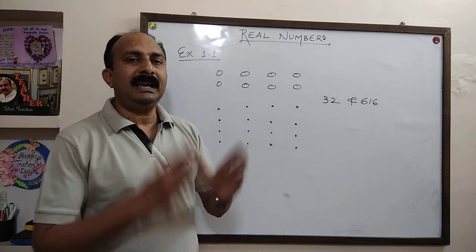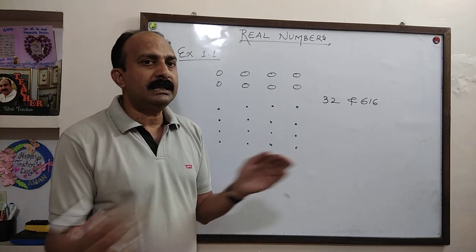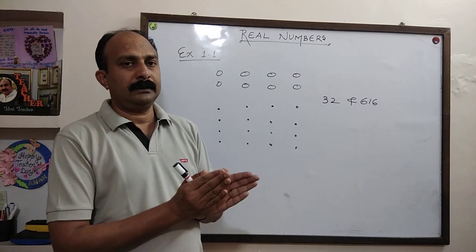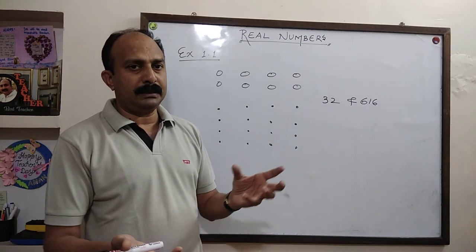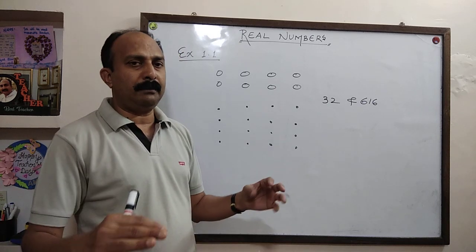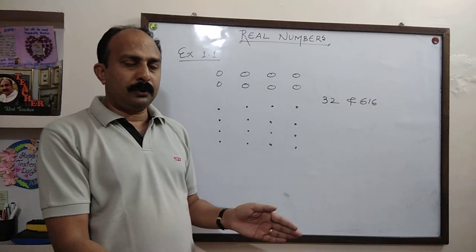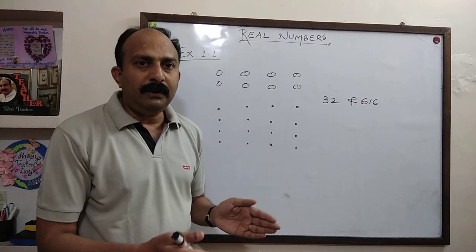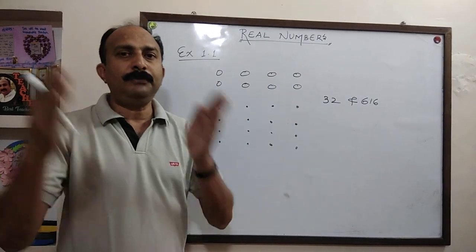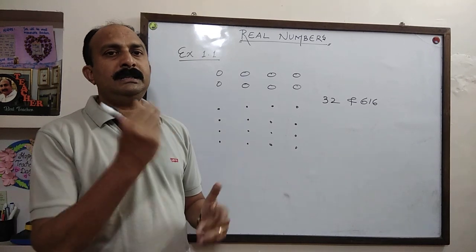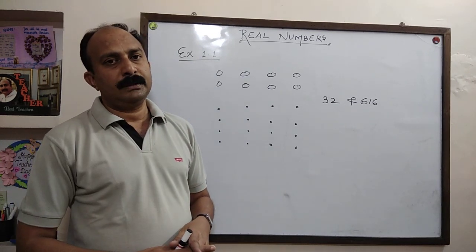This is called HCF, highest common factor. Two groups of different numbers or many groups of different numbers, combining them together, we have to make a common group in which there will be maximum number of each group. This is the concept of HCF.